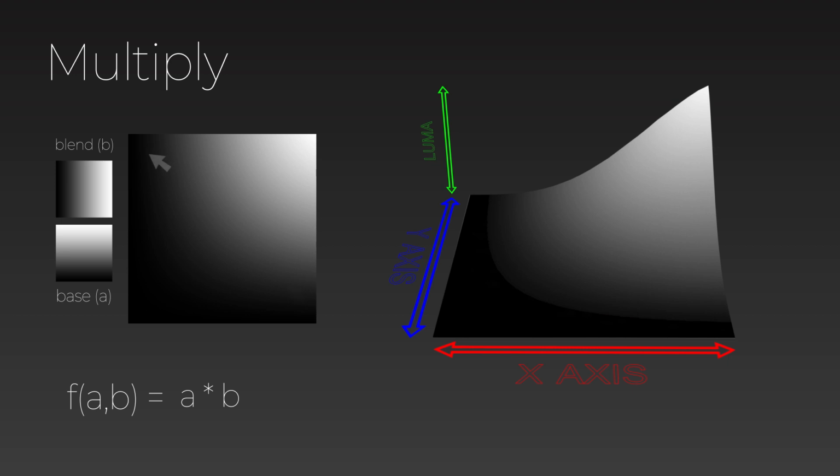Notice that the upper left and bottom right corners are black because black is 0 and anything times 0 is 0 regardless of whether it is in the blend or the base layer. On the flip side, white, being a value of 1, will have no effect on the blend in multiply mode.